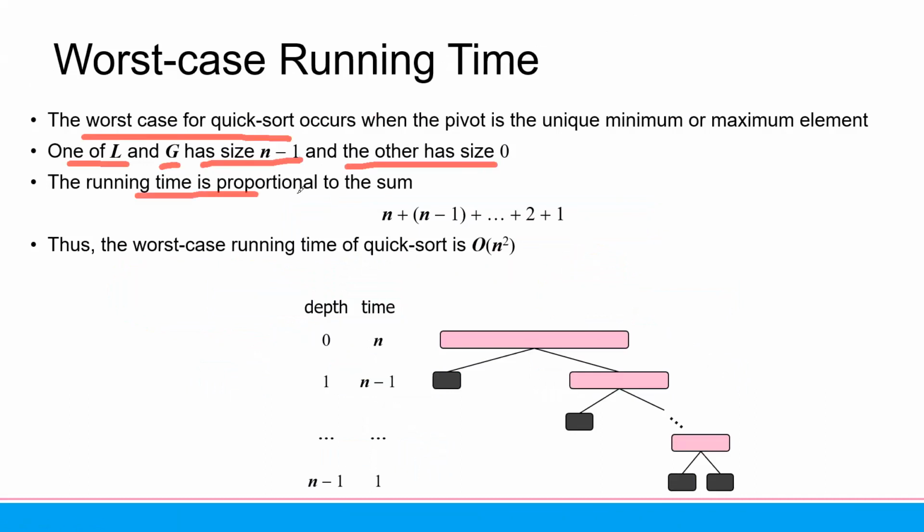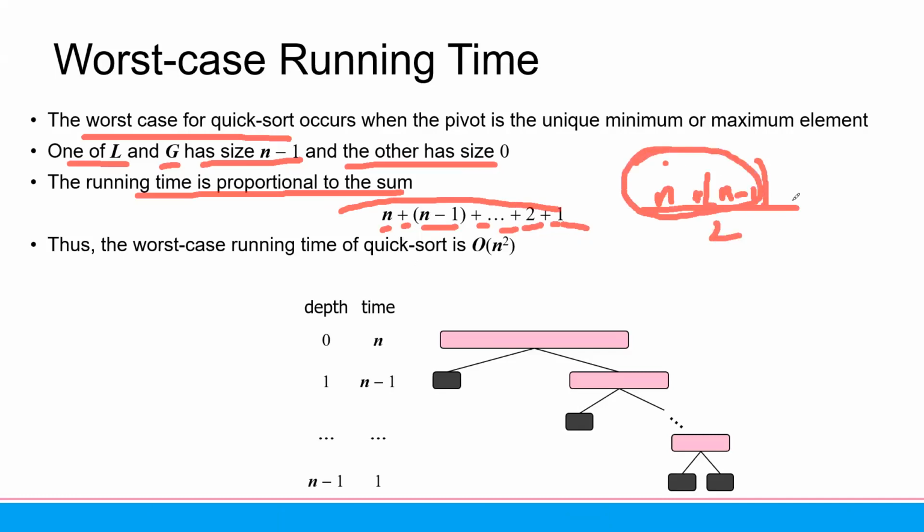And the running time is proportional to the sum. So it will be n plus n minus 1 plus n minus 2 plus and so on until 1. And it means that if we have this kind of sequence, it will be n multiplied by n minus 1 divided by 2. So it is the sequence, and then we know that this is n to the power of 2.